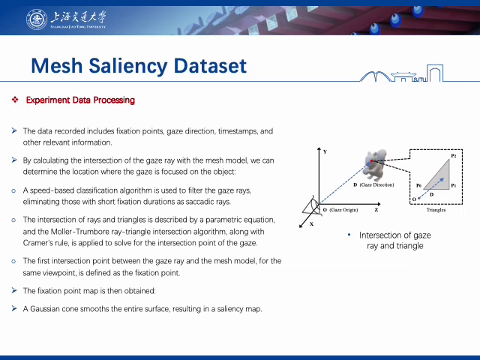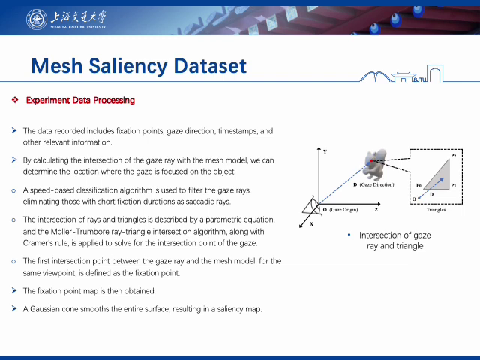First, we use a velocity-based classification algorithm to filter the gaze rays. Then, the ray-triangle intersection algorithm and Cramer's rule are applied to solve for the intersection points.